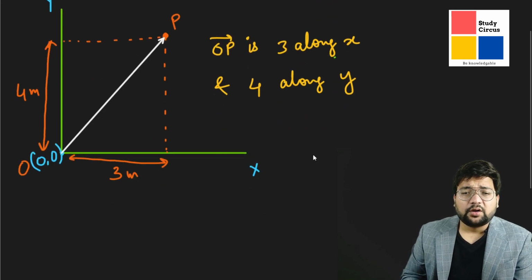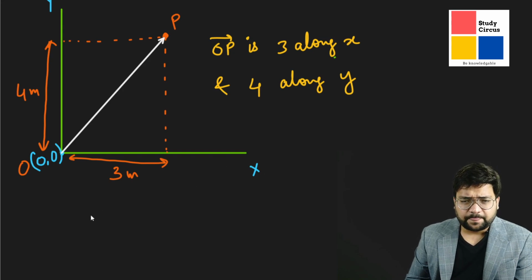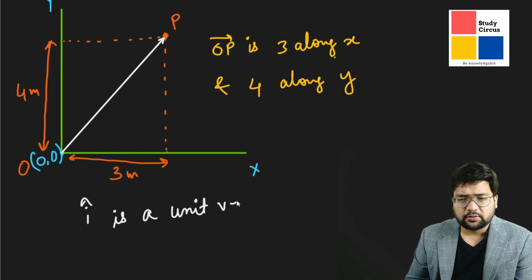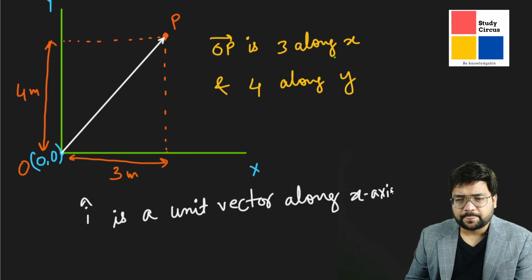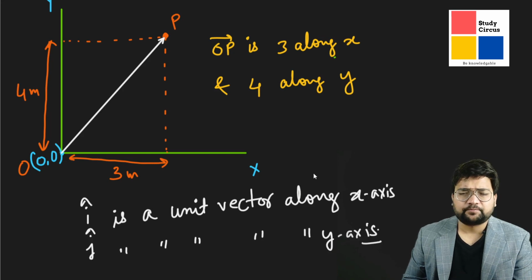Now, I give you a unit. Say i cap is a unit vector along the x-axis, and let's say j cap is a unit vector along the y-axis.